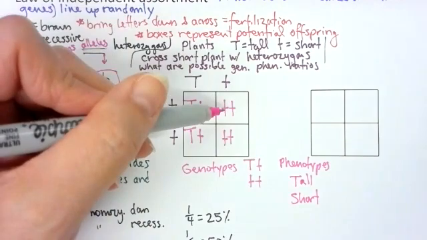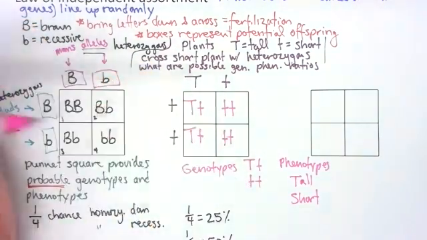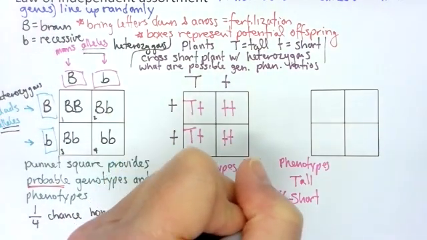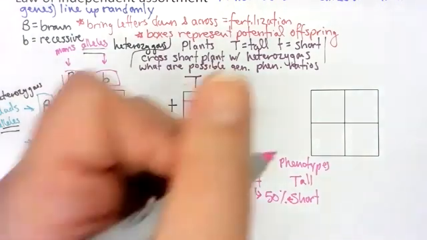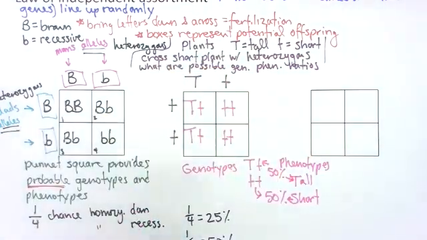And if we look, my homozygous recessive is 2 out of 4. So that is 1/2. So this is going to be 50% short. I have 2 out of 4 that are heterozygous. So I'm going to have 50% that are tall and heterozygous.